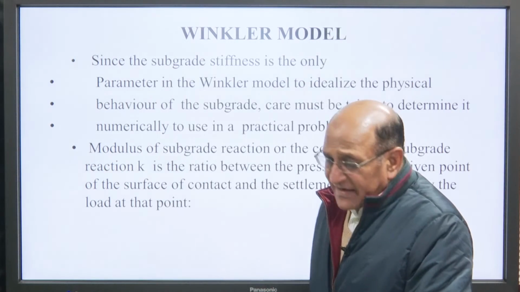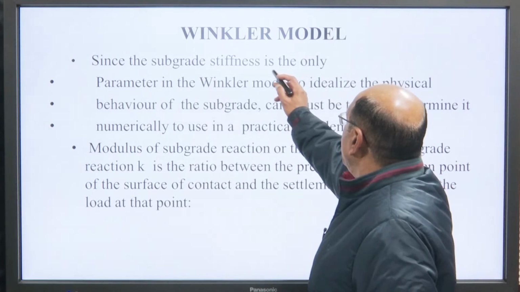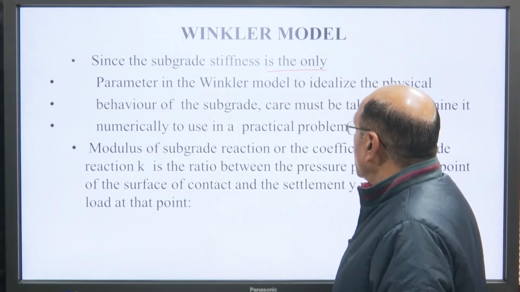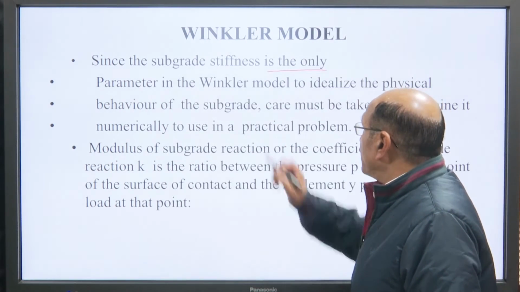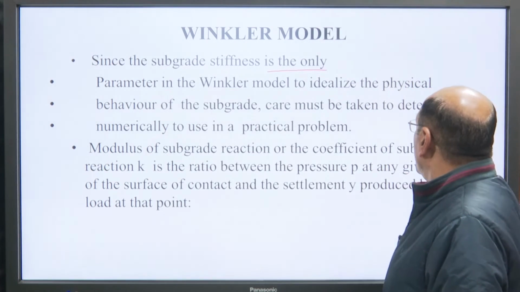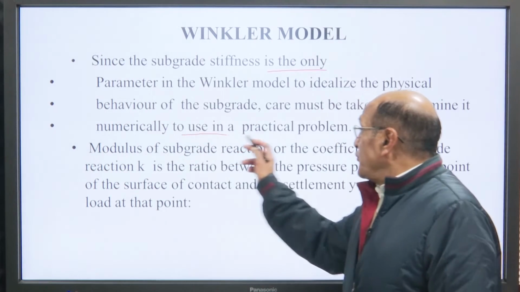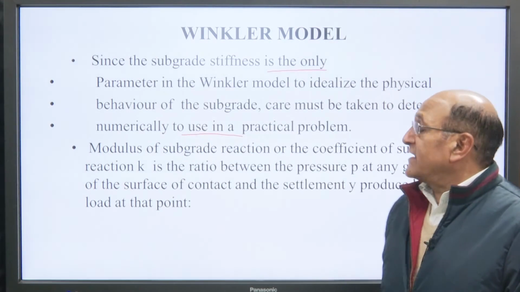Since subgrade stiffness is the only parameter in the Winkler's model to analyze the physical behavior of the subgrade, care must be taken to determine it numerically for use in a practical problem.